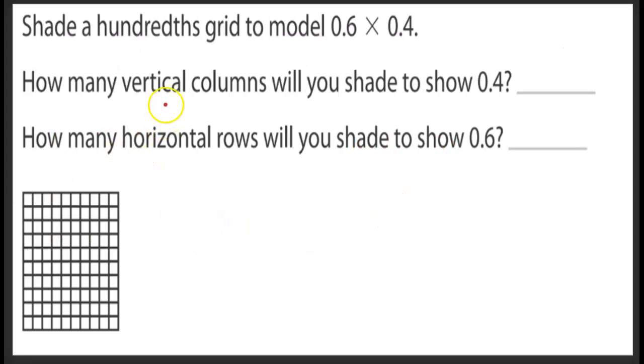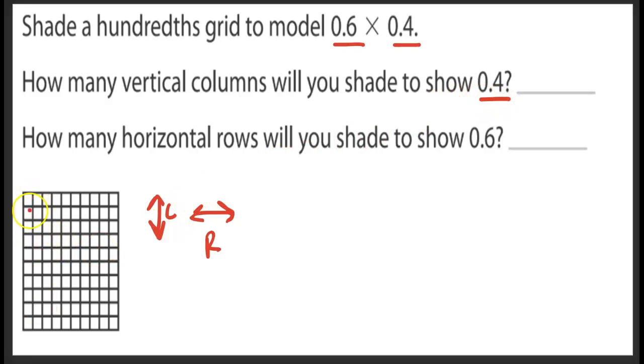So let's keep going. This one says shade a hundredths grid to model 6/10 times 4/10. So here's our hundredths model. It says, how many vertical columns, remember columns go up and down, rows go side to side, will you shade to show 0.4 or 4/10?